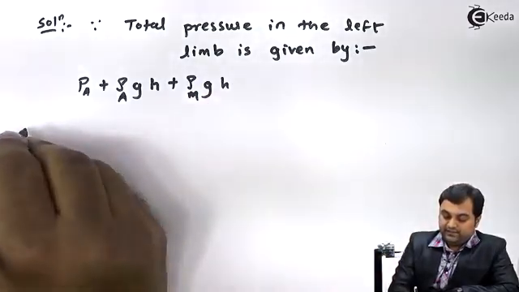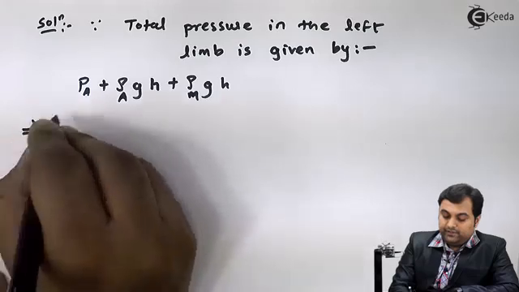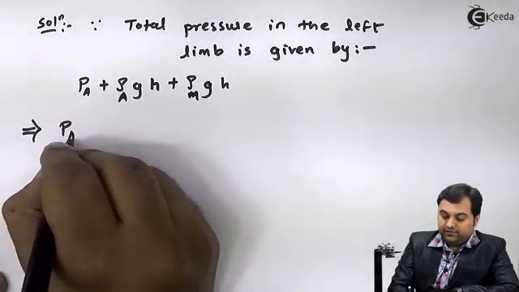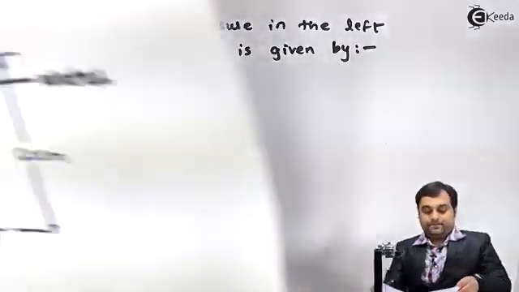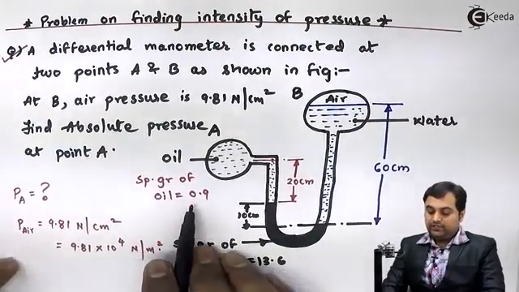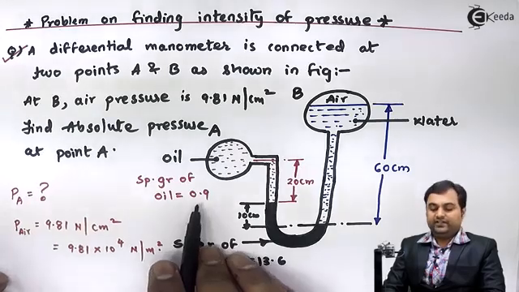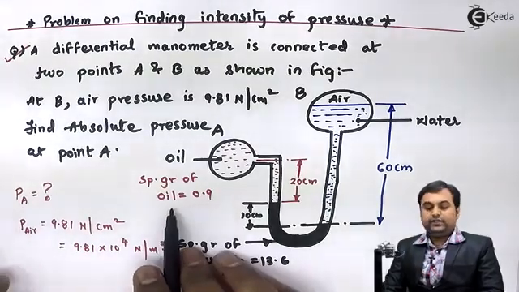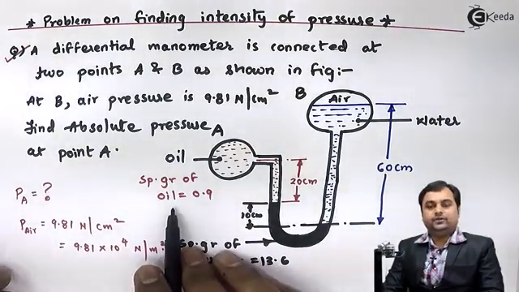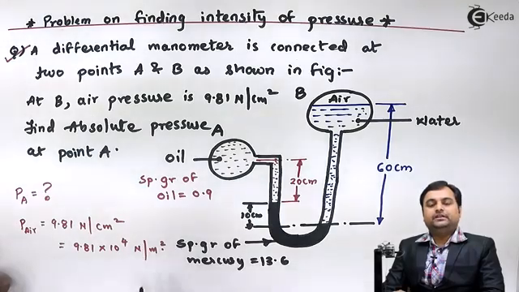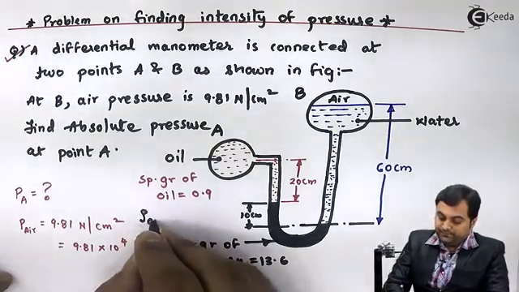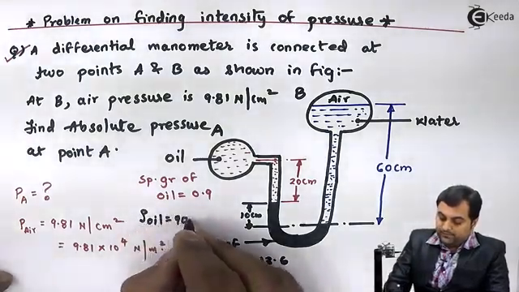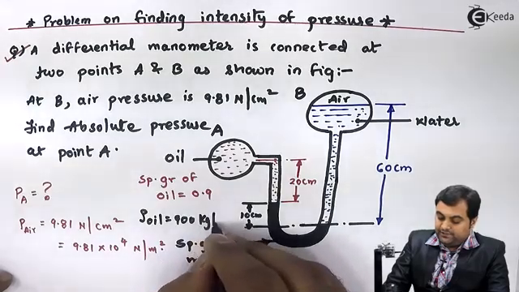Therefore this would be PA, which is what we have to calculate, plus rho A. Now since oil specific gravity is given, it is 0.9. So density of oil would be 900 because it is 0.9 multiplied by 1000, that is the density of water. So we can calculate density of oil, that becomes 900 kg per meter cube.